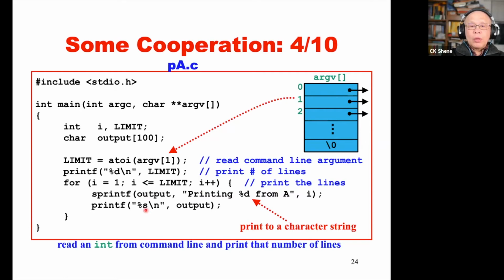So this program simply iterates limit number of times, where limit is obtained from argument 1. Every time it's just printing a value from A. Say if limit is 3, then we have printing 1 from A, printing 2 from A, printing 3 from A, and so on.